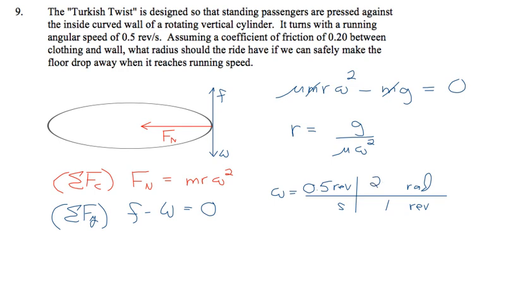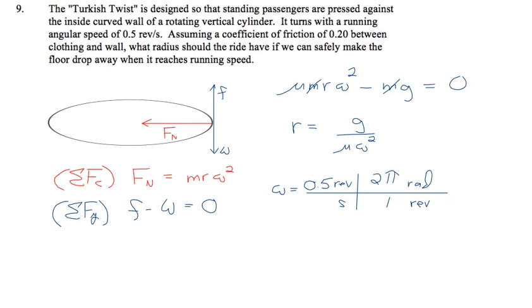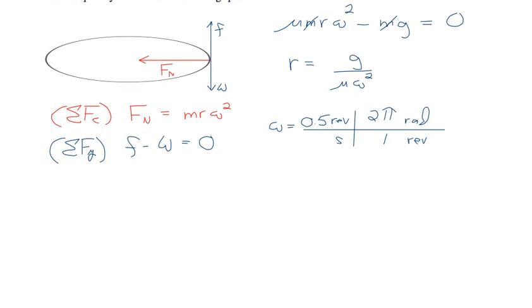So there's 2 pi radians in a revolution, and there's 2 pi radii in a revolution if we were converting it into meters. But we're going to radians here. So what do you get when you actually solve that? Omega is going to equal what? Because half of 2 is 1, so it's basically pi. So 3.14 radians per second, and now just plug in and we'll have the answer.